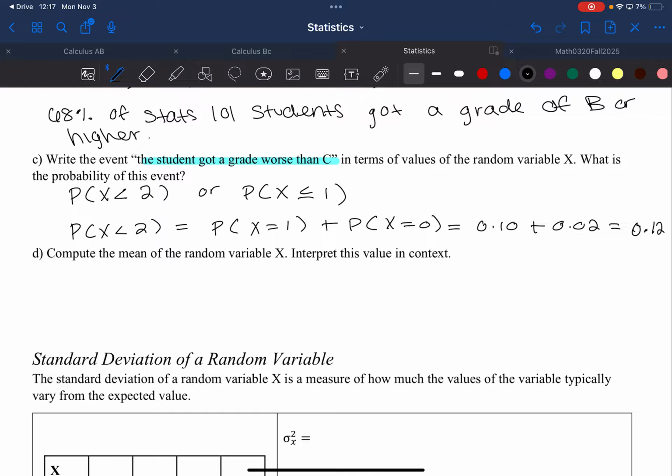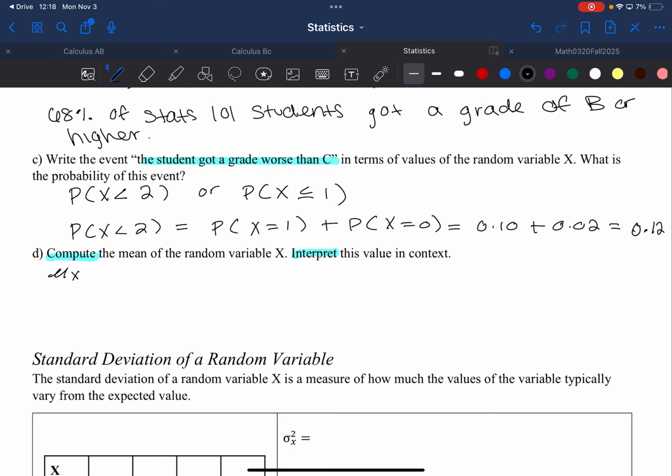Okay. Then it says compute the mean of the random variable X and then interpret it. So we're computing, which means we're doing what? We're doing some math, right? And then interpret, which means we're writing a sentence. So first we have to recall, what is the formula for mean?